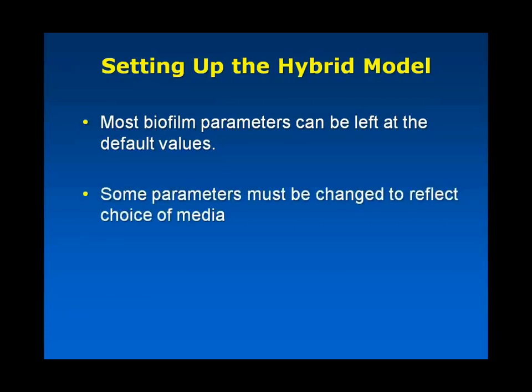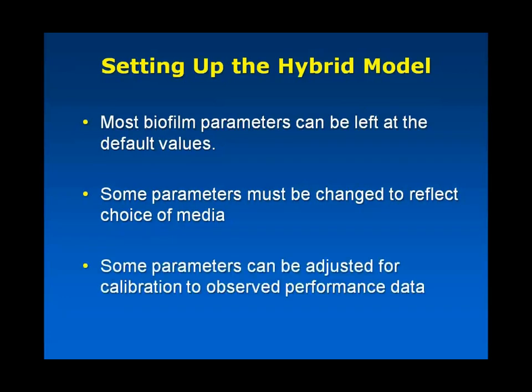There are a few parameters, however, that you must change to reflect the choice of a particular type of media. So that would be the media-specific surface area, for example. And there are a few other things, some of those rate parameters that I showed you on the equations in the previous few slides, that could be adjusted as part of your calibration. However, most of the time you won't need to do that.